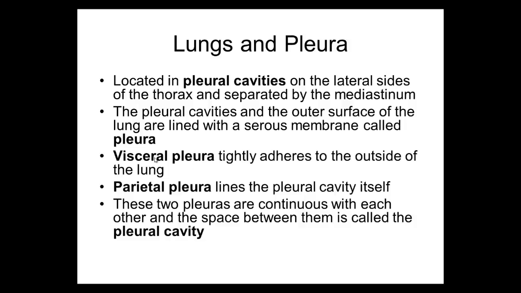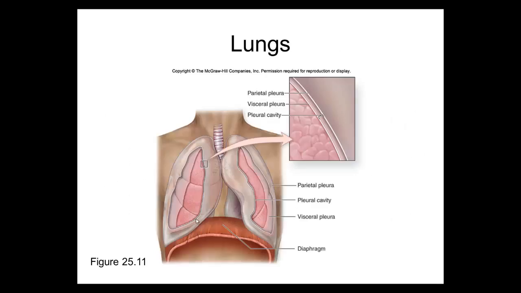Anytime we have another layer further away from that, we'll call it a parietal, right? So like the pericardium, we had the visceral pericardium and parietal pericardium. In the digestive system, we studied the visceral peritoneum and the parietal peritoneum. Here we have the visceral pleura and the parietal pleura, and the space between them will be the pleural cavity.